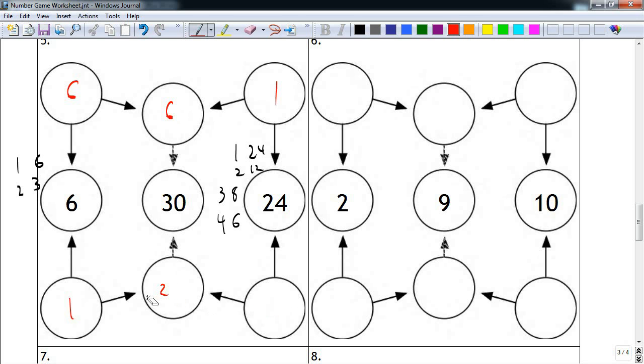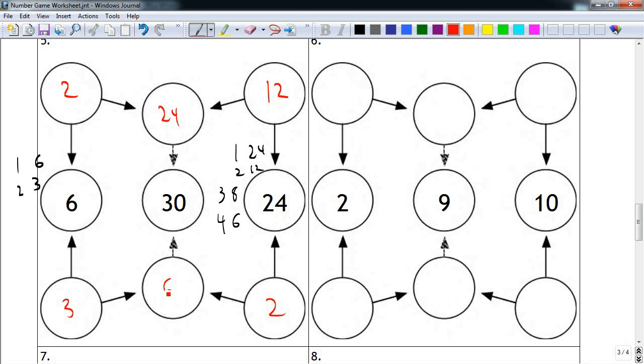Or I could do something even more creative. I could do 2 times 3, and then let me get the right combination here. 12 and 2. That would give me 24 and 6. Once again, adding up to 30. Okay.